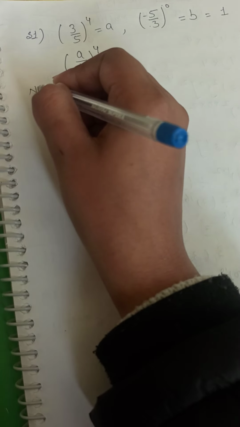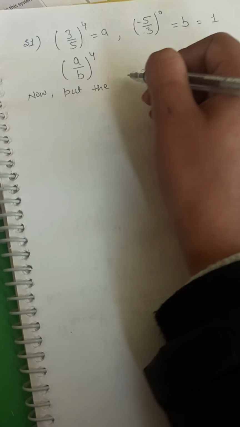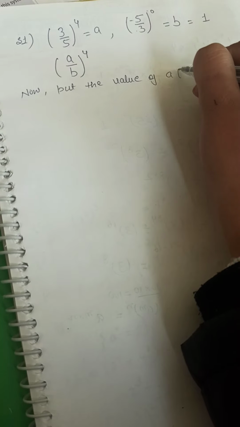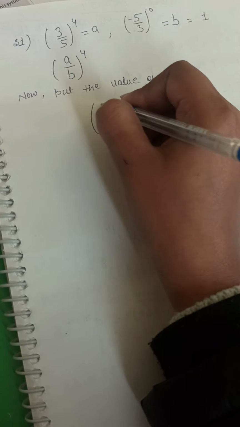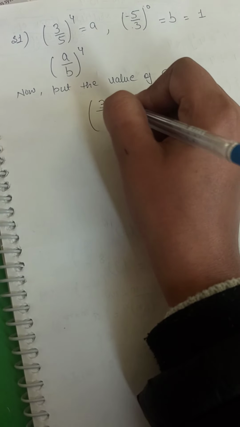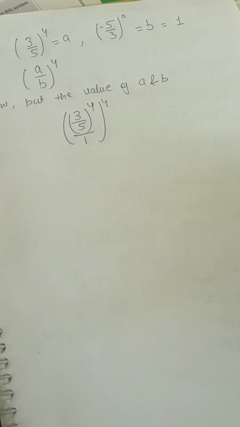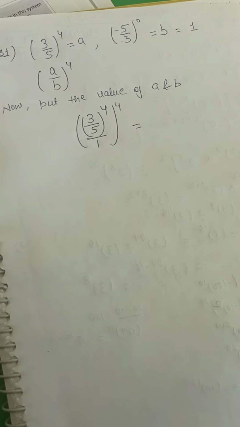And here it is mentioned (3/5) to the power 4. Now put the values of A and B. That is ((3/5) to the power 4) by (1 to the power 4). Clear? So again see, 1 has no use here.